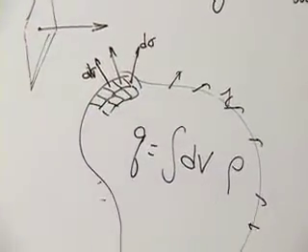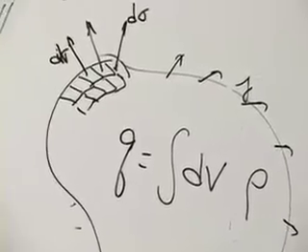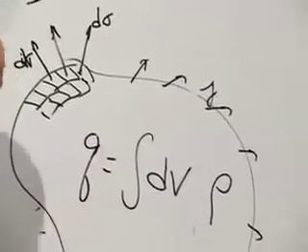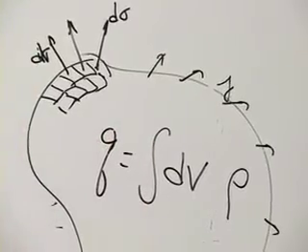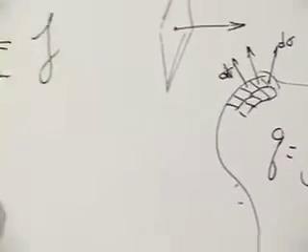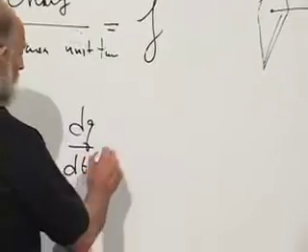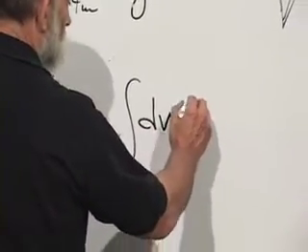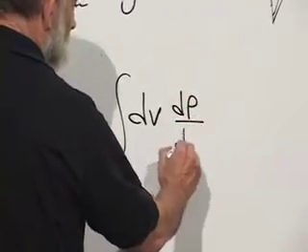In fact, we can write down a simple equation. We can write down that the time rate of change of the charge inside this region, dQ by dt, is equal to the integral dV of d rho by dt.